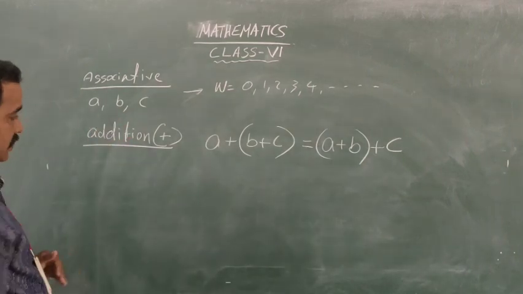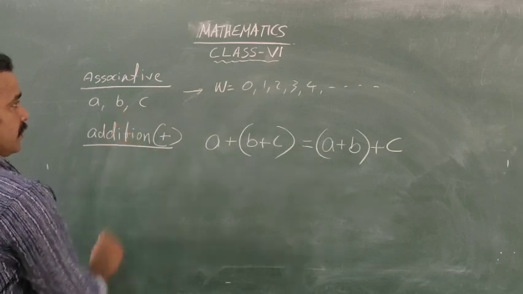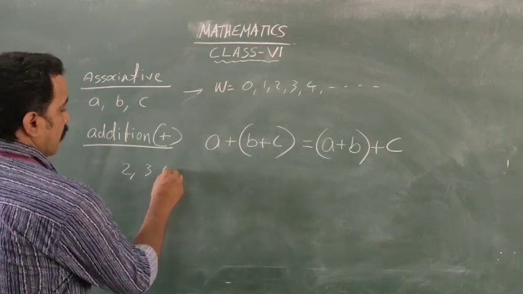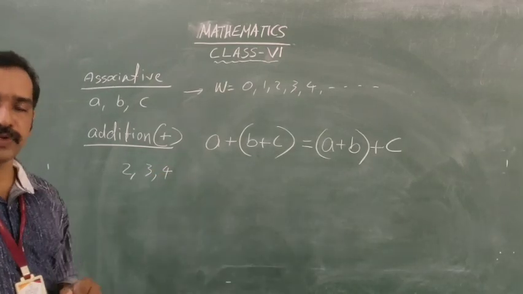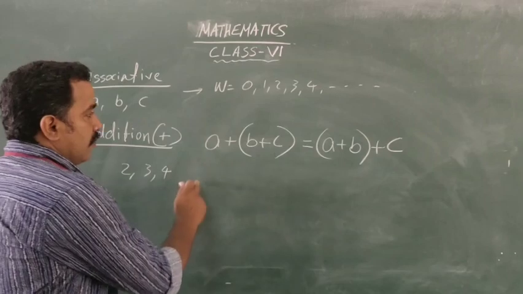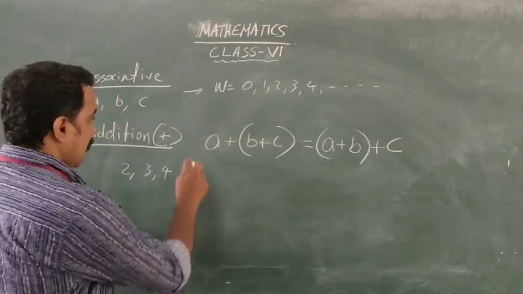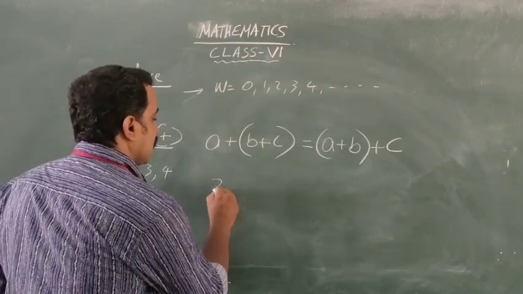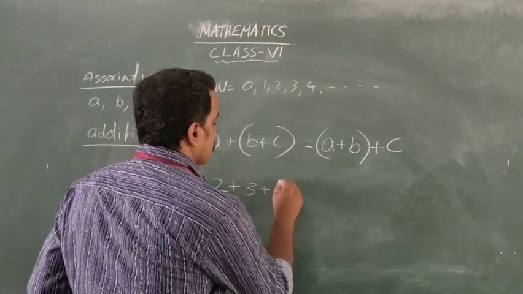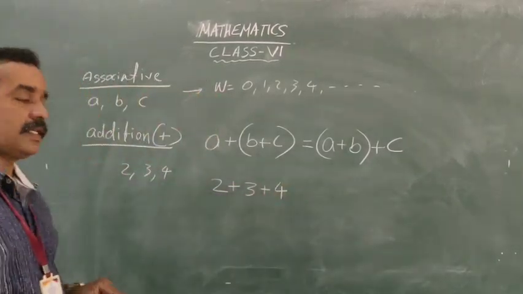So let us take an example. In the place of A, B, C, we can take three whole numbers 2, 3 and 4. Then if you consider the operation addition, we can say that 2 plus (3 plus 4) is equal to (2 plus 3) plus 4.